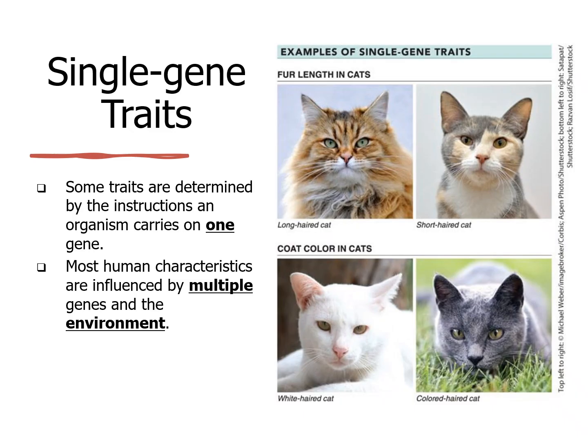These are both traits that are controlled by a single gene that is passed from parent to offspring when it comes to making cats. Now, a handful of characteristics can be influenced by multiple genes as well as the environment. We will get to that in a little bit.